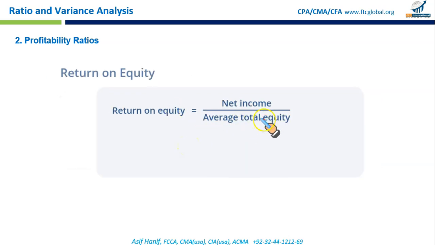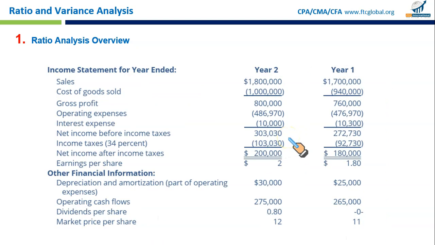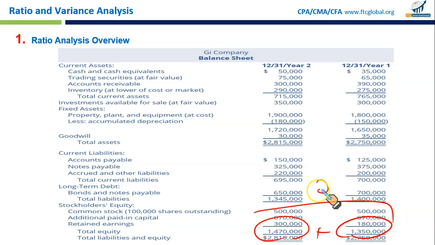Next profitability ratio we have is return on equity, that is net income over average total equity. So again, net income from the income statement, and equity on the balance sheet must be averaged. Let's do it for year 2. This is our net income figure, and the equity figure, average total equity. Equity figure for the start, 1.35 million plus 1.47 million, divided by 2.